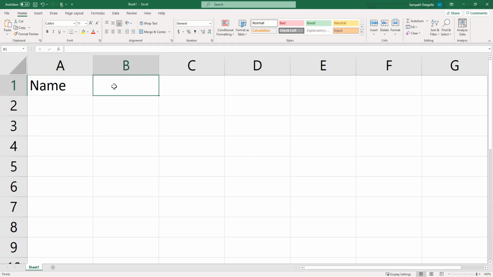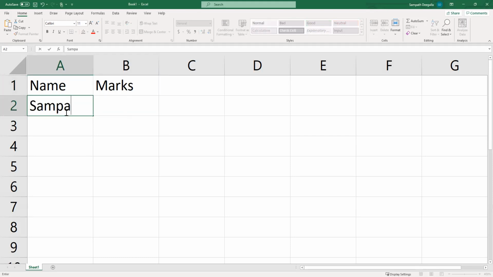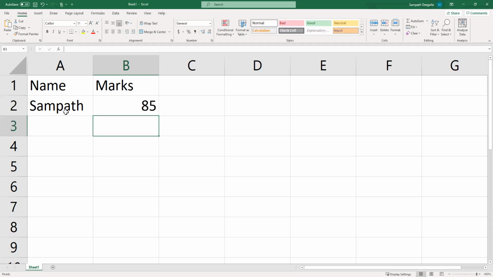So we can say marks, again another label. Like Sampath. Marks, let's say 85. Let me say this is marks for ICT.